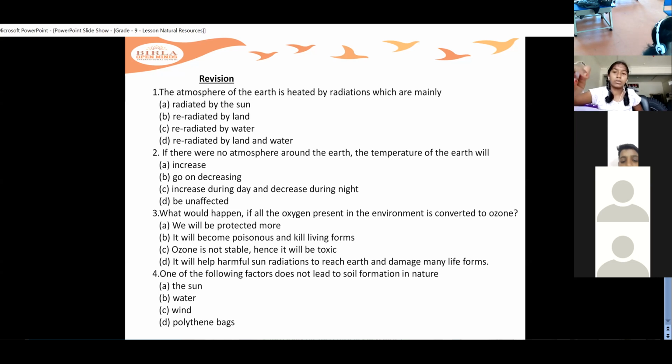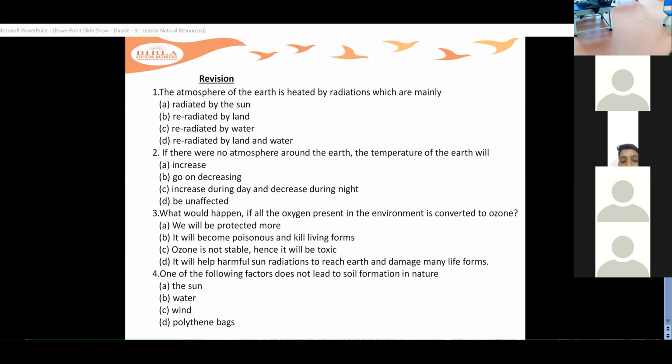So what is the answer for the second question? If there were no atmosphere around the Earth, would the temperature go up or down? The answer is C. It will be increasing during the day and decrease during the night, because at the daytime it will be very hot because of the sun.